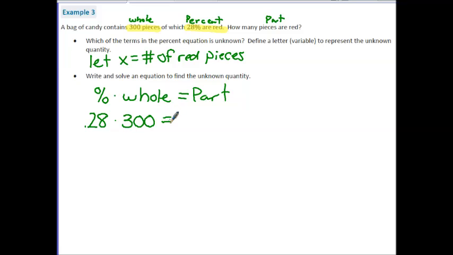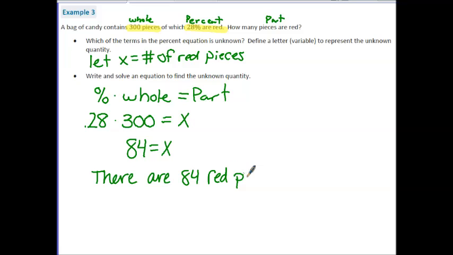Is equal to the part. We identified that as our variable x. So again, there's nothing to really solve here. We just need to simplify by multiplying 0.28 times 300, and that gives us a value of 84. So to answer our worded problem here, there are 84 red pieces of candy.